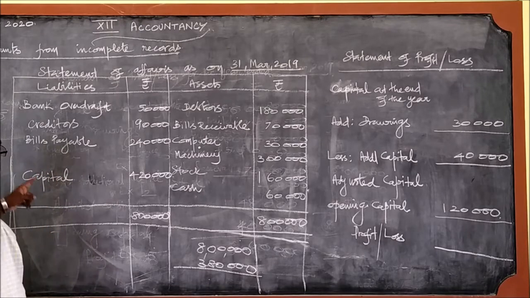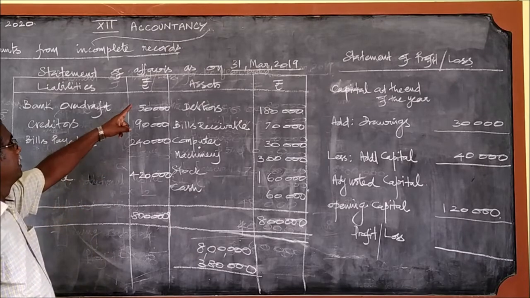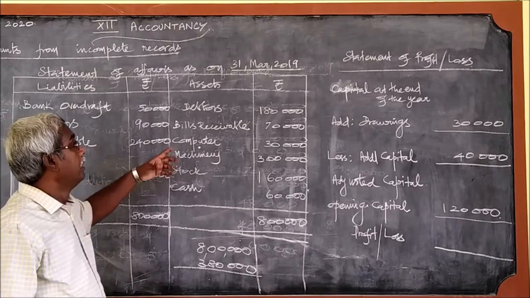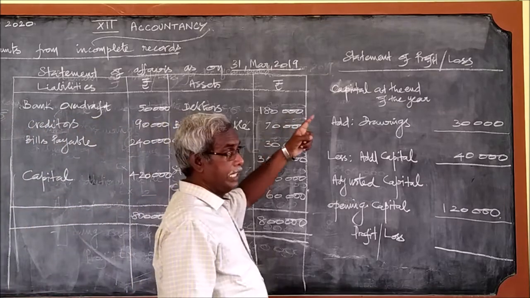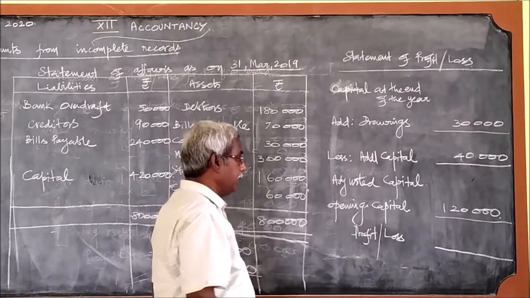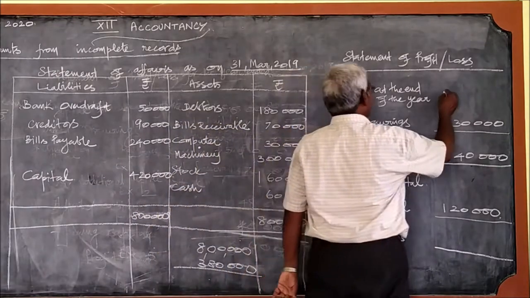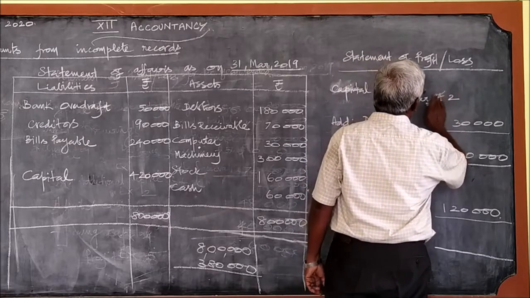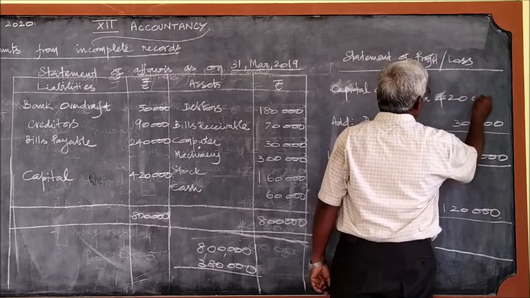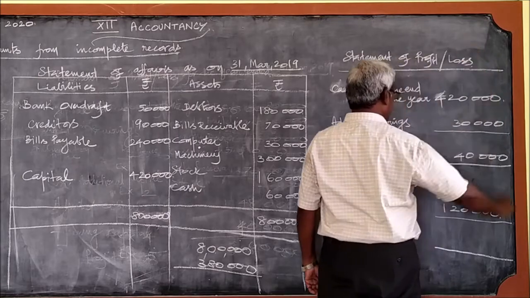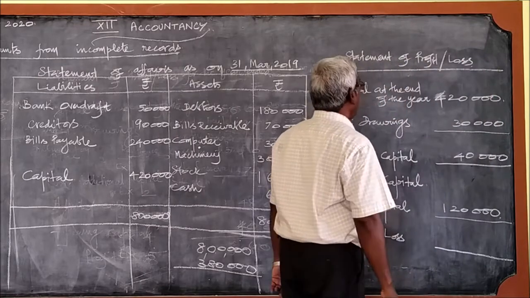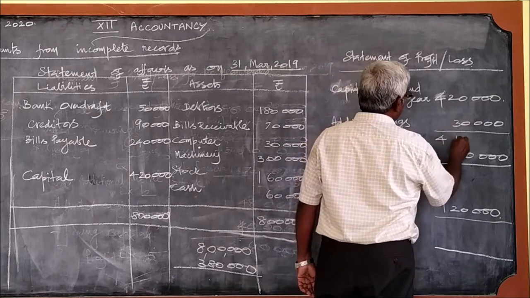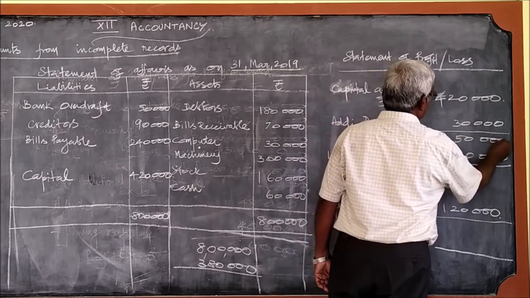Since this capital is at the end of the year, that is 31st March 2019, it is called capital at the end of the year or closing capital. Now we can write here the closing capital 4,20,000, and use the format to find the profit or loss. Add drawings: 4,20,000 plus 30,000, 4,50,000.